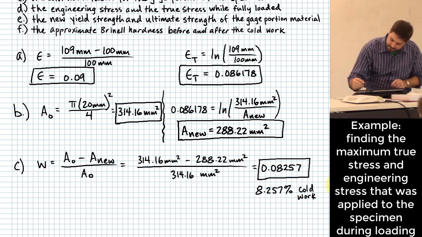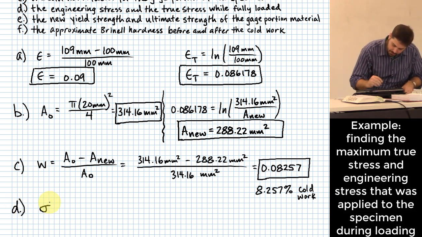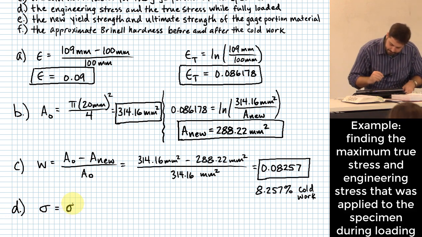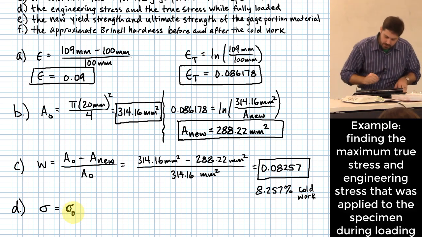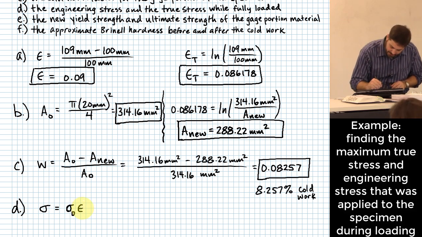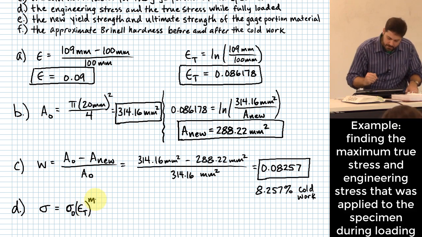Here's what it says. Once you get up into the plastic range, the amount of stress you're going to see is equal to this coefficient called sigma 0 multiplied by the true strain, raised to an exponent of m.